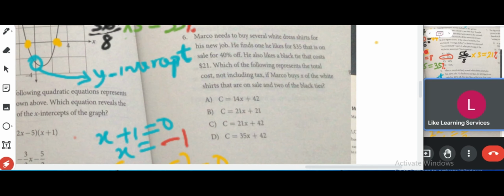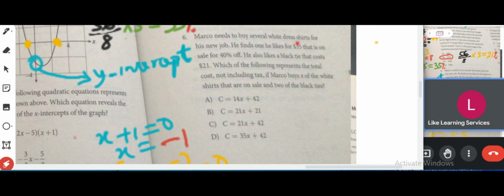He also likes a black tie that costs $21. Which of the following represents the total cost, not including tax, if Marco buys x of the white shirts that are on sale and 2 of the black ties?